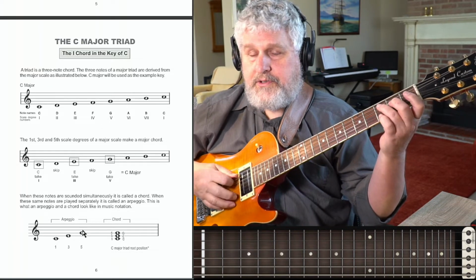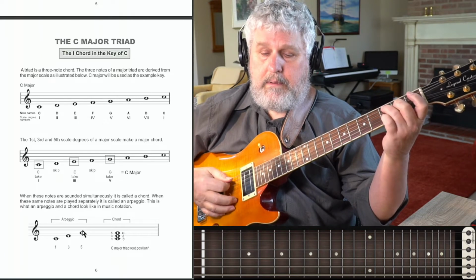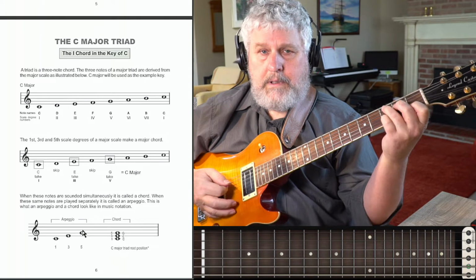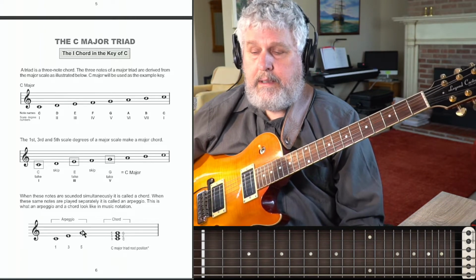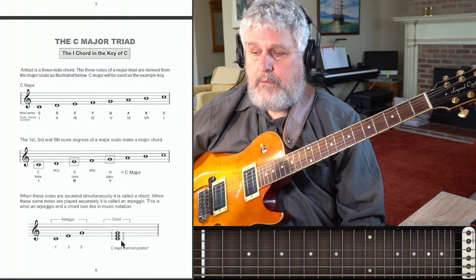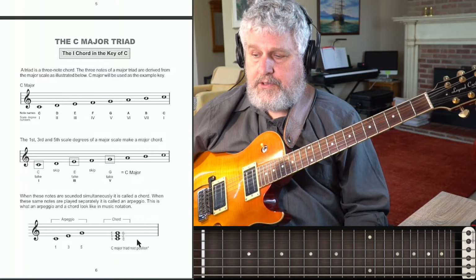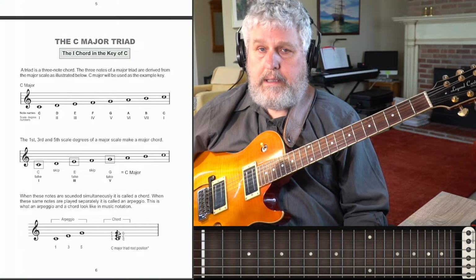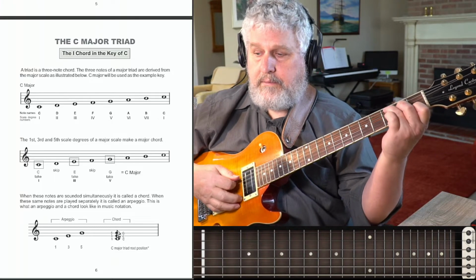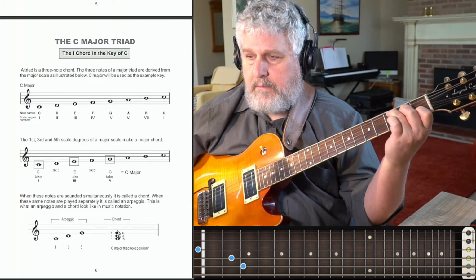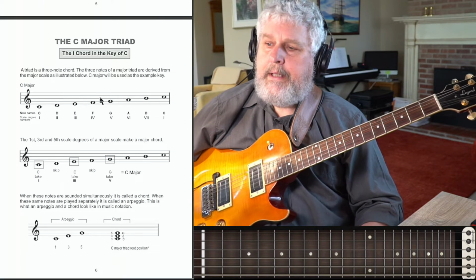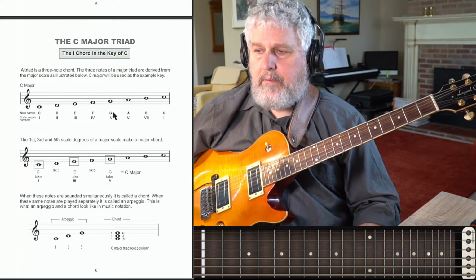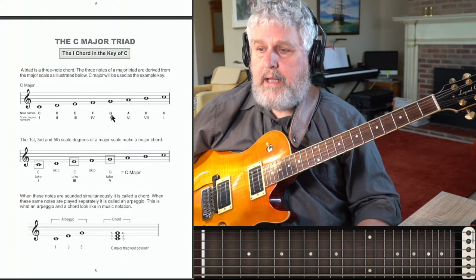An arpeggio is simply playing the chord in broken style, broken notes. The other way is just sounding all the notes together. That would be written vertically like this, and of course you know that it would sound like that, right? Okay. So that's a little bit of background theory as far as a C major triad is concerned.